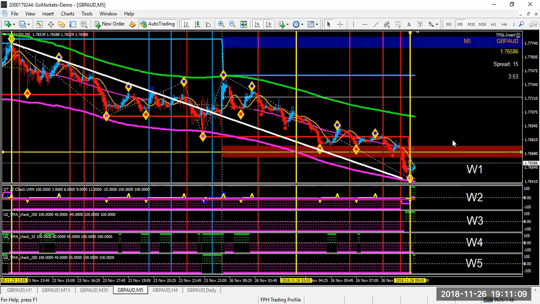Okay. The things that support it, apart from all the shadings, is the knowledge and what's being displayed by the W2, isn't it? W2 is saying the 30-minute hasn't reached its bottom yet, yeah?